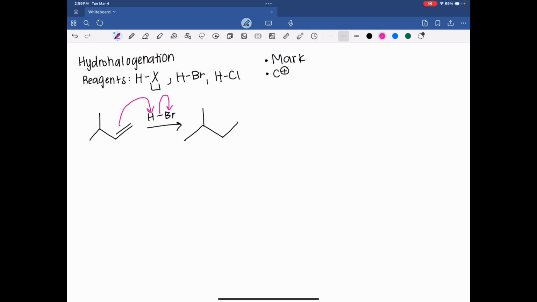Now at this point, we're wondering, are we going to add the hydrogen to this carbon, or to this carbon? Because this is Markovnikov, my hydrogen is going to be added to the less substituted side. And whatever else I'm adding, so in this case a bromine, is going to go to the more substituted side.